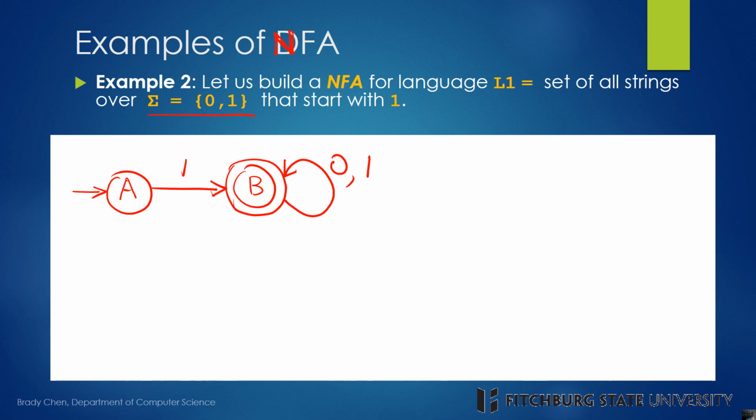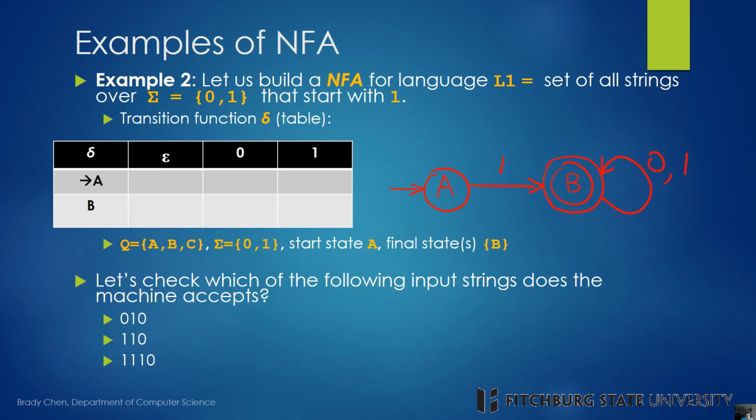Now let's see how this actually works. Let's define the transition function for the non-deterministic finite automata. If the current state is A and there's no input, it's not defined in the diagram, so it goes nowhere.